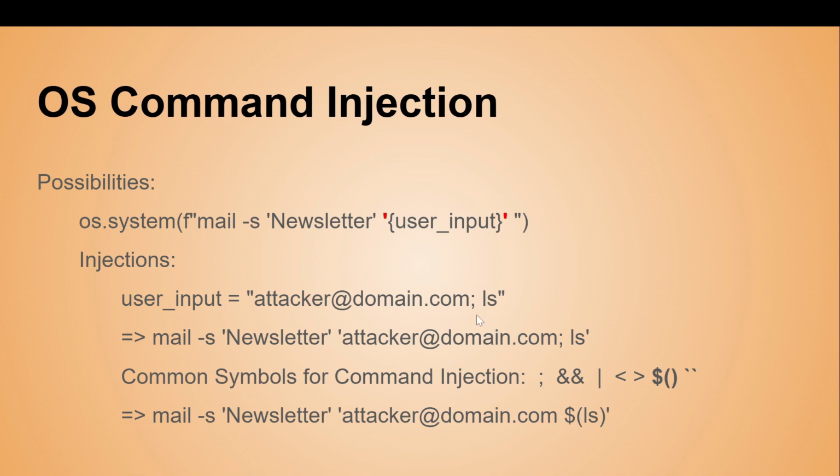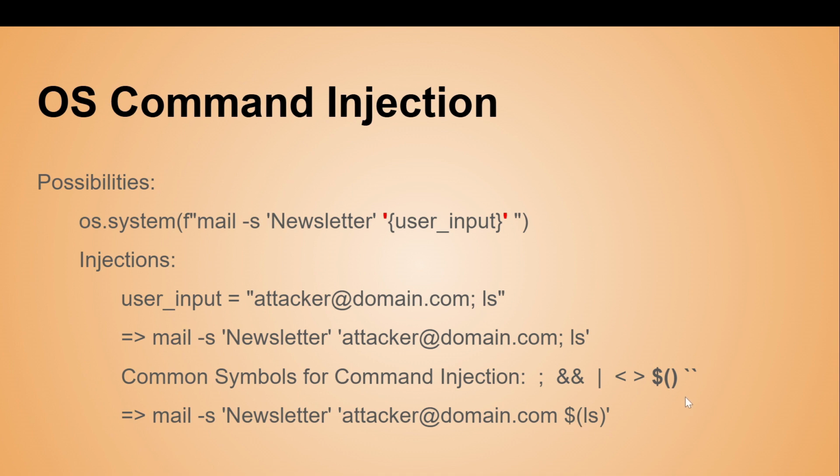We know that there are different symbols that we can use to inject OS commands. And among these symbols, there are two that have more chance to let the injected command be executed even if it is quoted. These symbols are question mark and backtick.